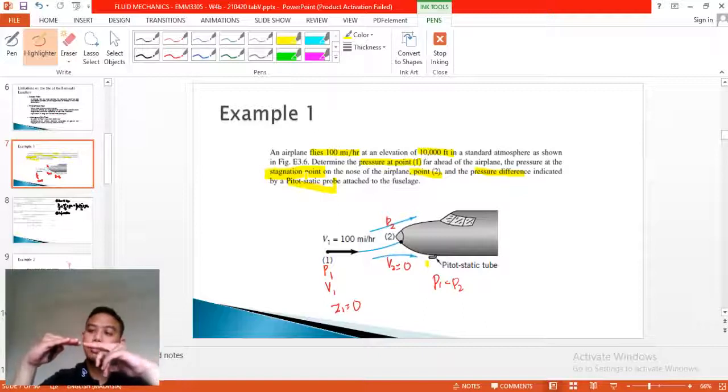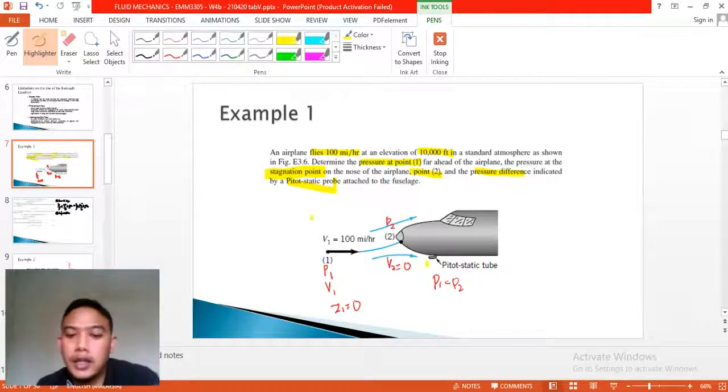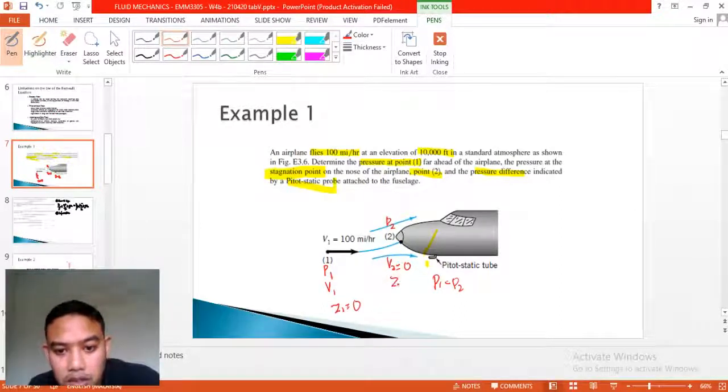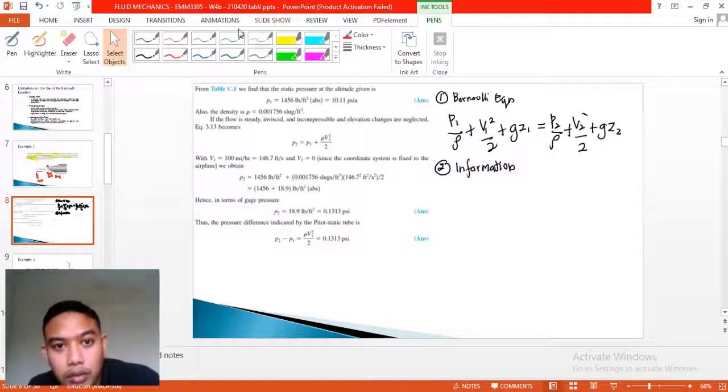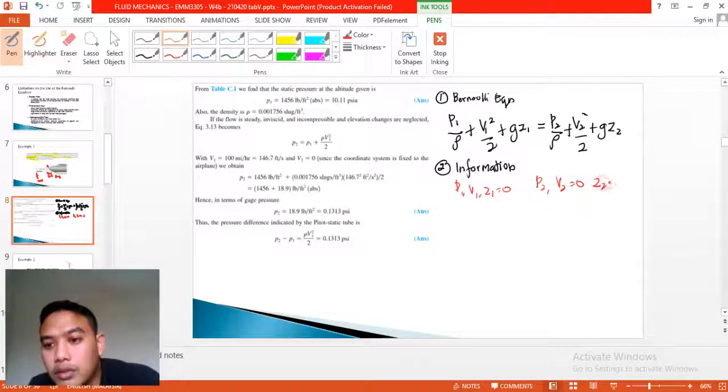At this point 2, the velocity will be 0 because the flow is stagnant, so V2 is automatically 0. Then Z2 is also 0 because there are no potential energy effects. So here we can write it: we have P1, we have V1, but Z1 equal to 0, and we have P2, V2 equal to 0, and Z2 equal to 0.